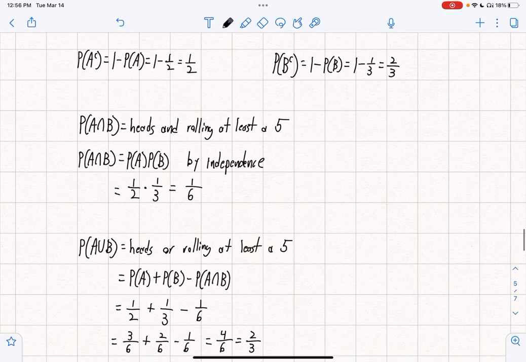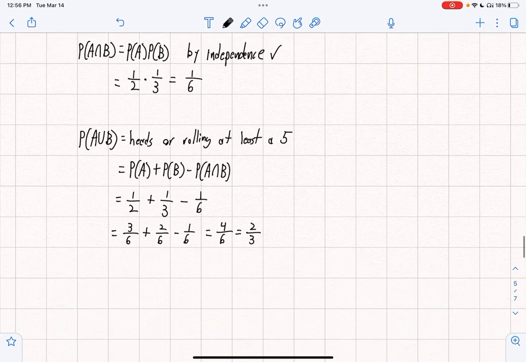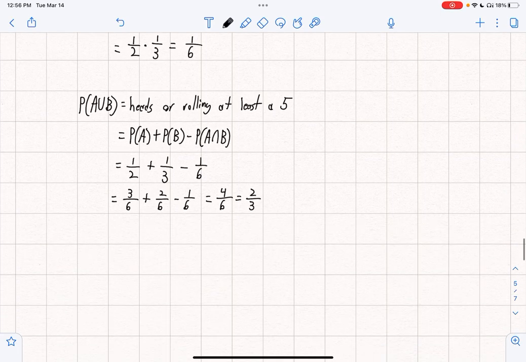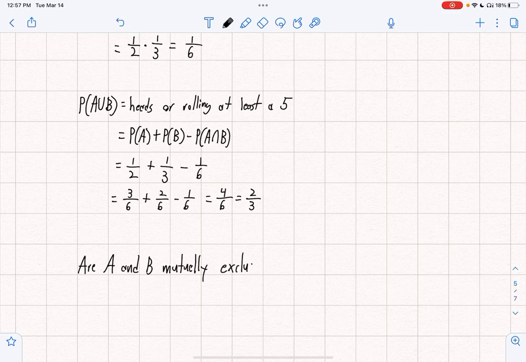Okay, so we came to the conclusion that events A and B are independent. And now let's just ask ourselves one final question. Are A and B mutually exclusive? Can they happen simultaneously?